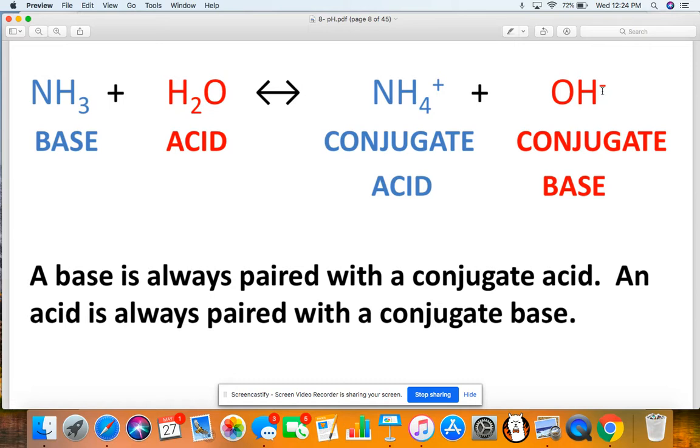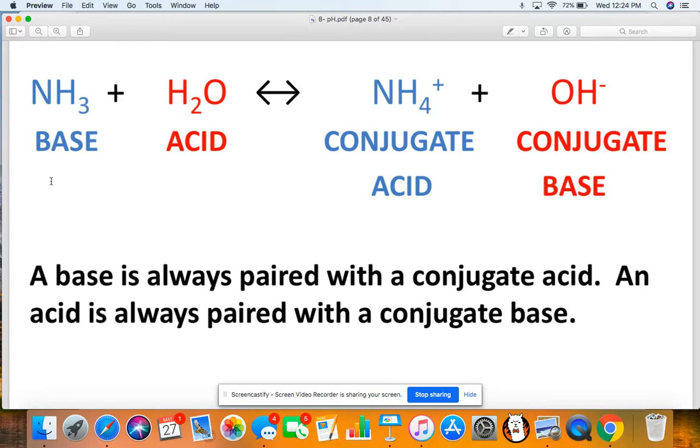OH has 1 hydrogen on this side. H2O has 2 hydrogens on this side. In this case, OH is accepting a hydrogen, right? OH is going from 1 hydrogen to 2 hydrogens. It's accepting a hydrogen. That means it's acting as a base if this reaction runs in reverse.